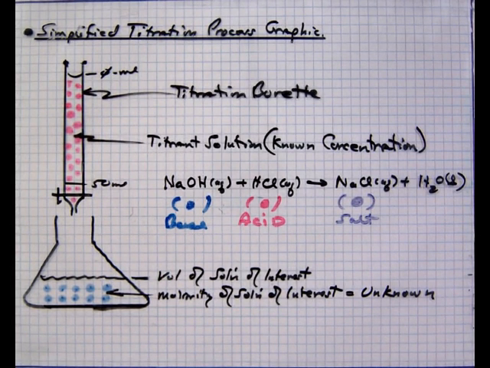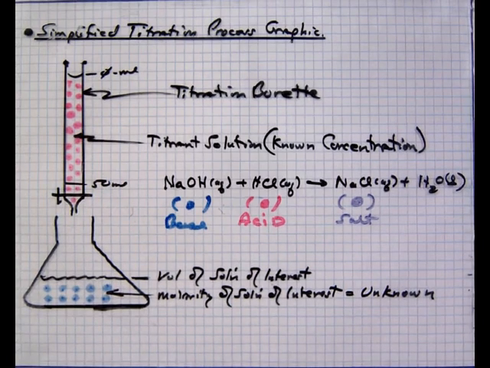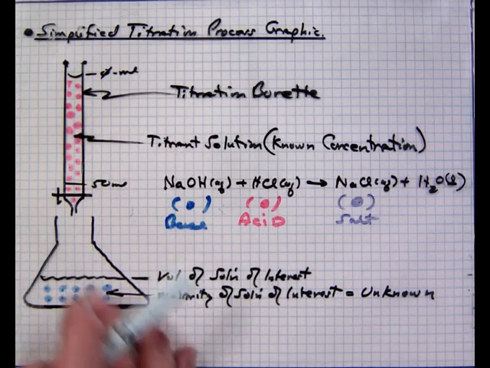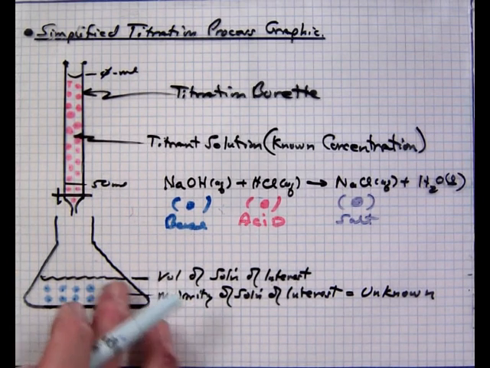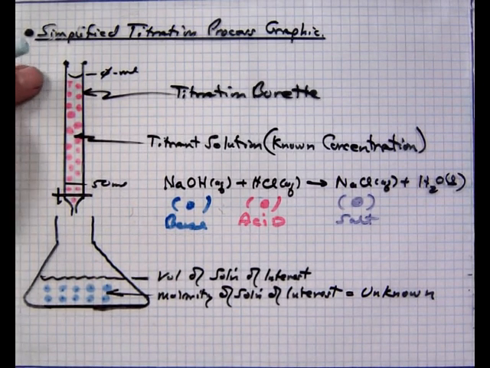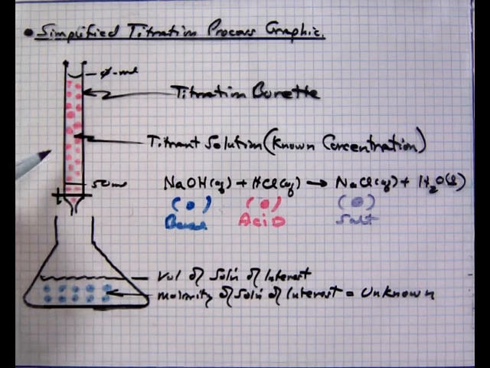So now, as we open the stopcock of the burette, we will be allowing some of the acid into the Erlenmeyer flask, and it will start neutralizing the base, the blue dots. As it does, it will start out with an original volume right here, and will move to some point down here, which will represent the volume that you will use.